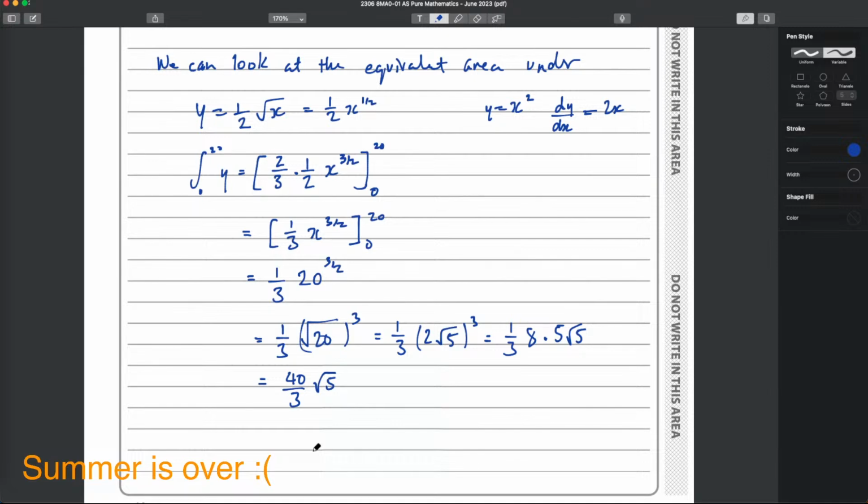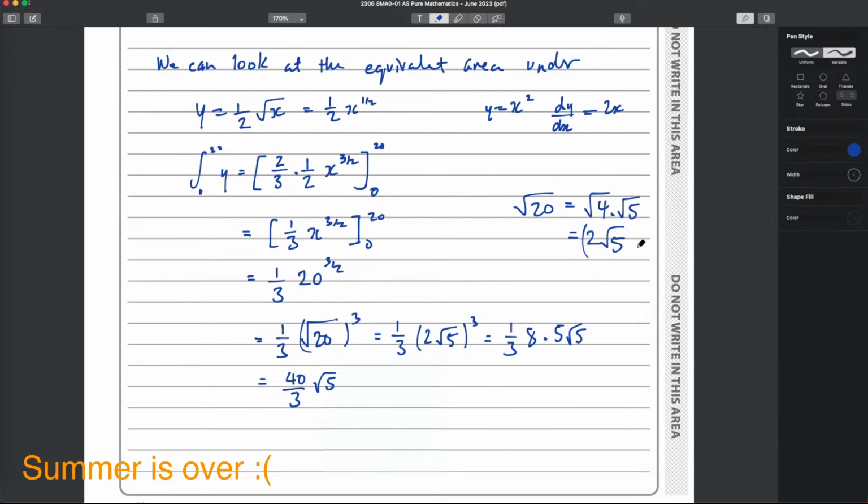The 8 should be inside the root. So what I did here was the square root of 20 equals the square root of 4 times the square root of 5 using surd rules, which is 2 root 5.